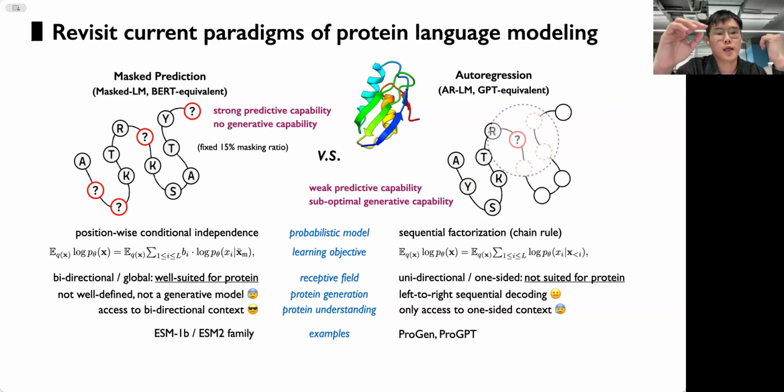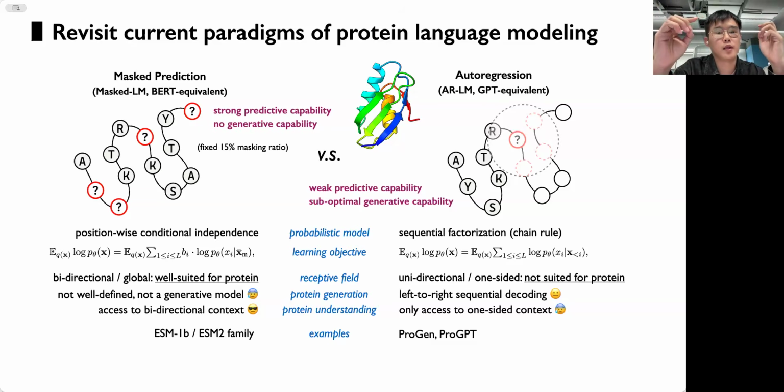It lacks a well-defined formulation for generation, and we argue that this could further harm the predictive power of this kind of masked language model.